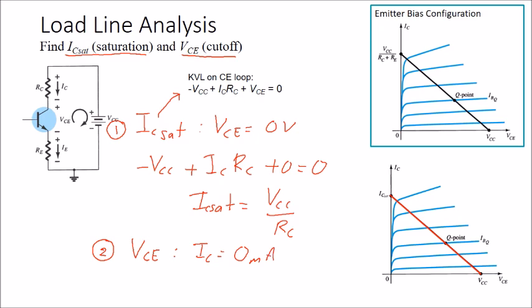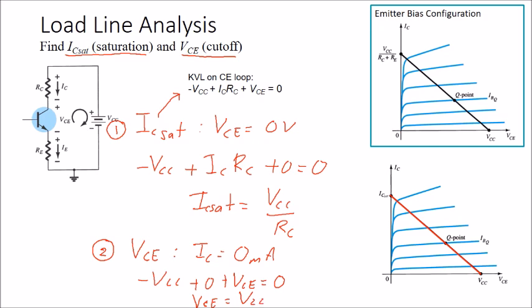If you substitute the value into the KVL, you will find VCC plus 0 plus VCE equals 0. So you will find the value of VCE equal to VCC. This is the second point.